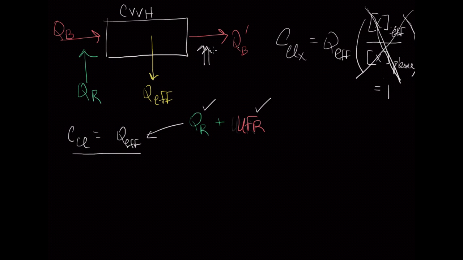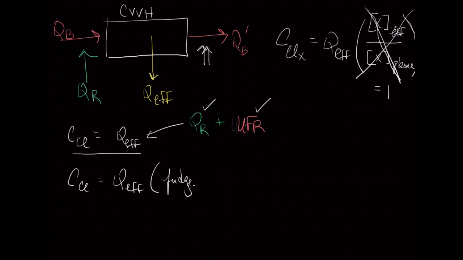But since you don't have that, you have a pre-filter replacement fluid strategy, you're going to have to add into this equation a fudge factor. So your clearance is going to be your Q effluent times some fudge factor.